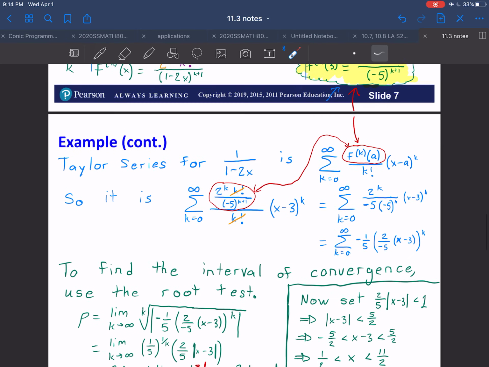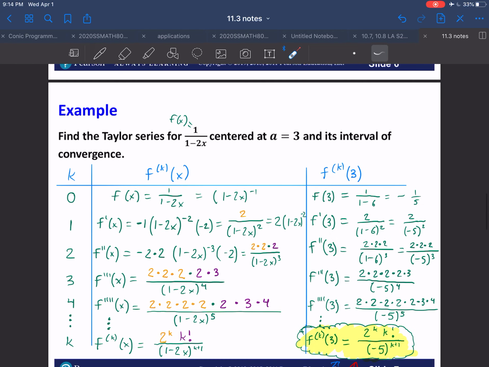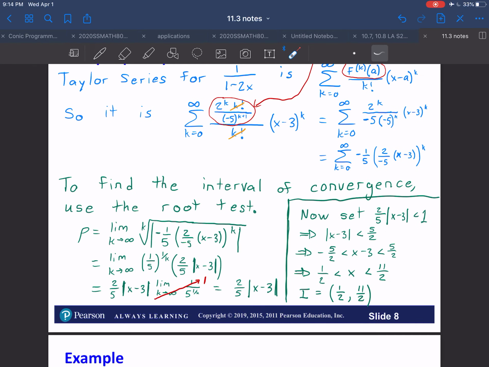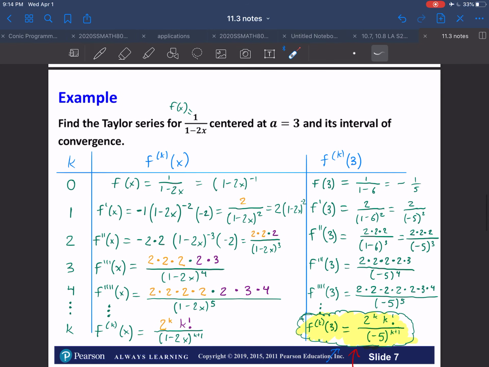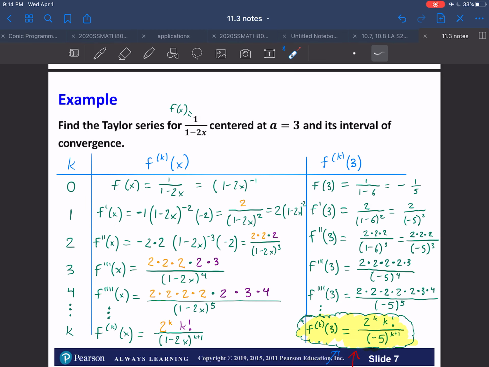So what I will claim is that this Taylor series is exactly equal to this function whenever x is between these two values. I haven't quite proven that to you yet. In fact, there's going to be something that we do a little bit later that proves that to you. But in the process of finding the Taylor series, the first thing that we had to do was find this value, the kth derivative of our function evaluated at a. And to do that, we used pattern recognition, going in this direction or in this direction to figure out what our f^(k)(a) should be.